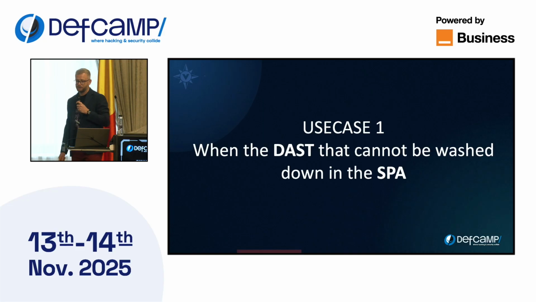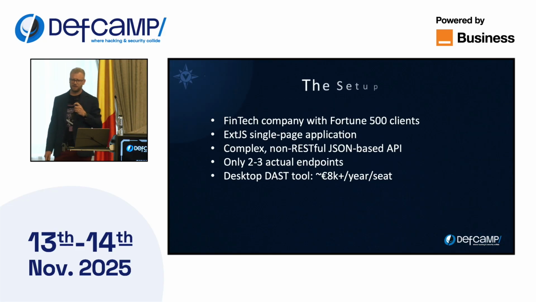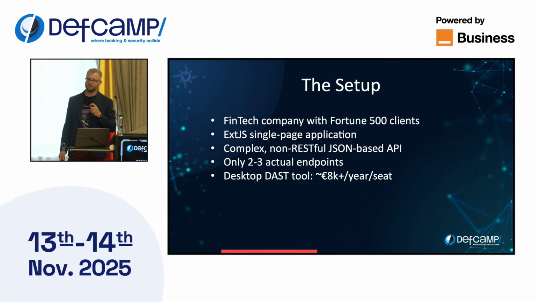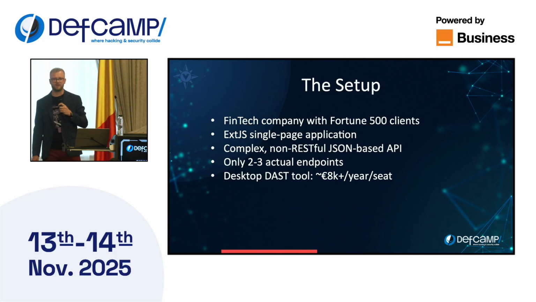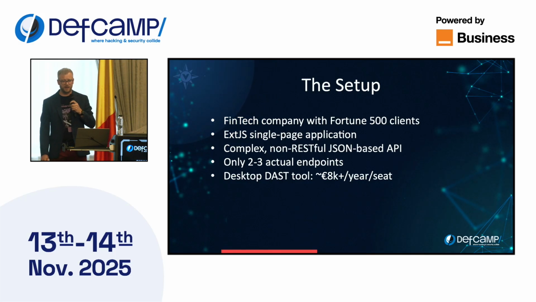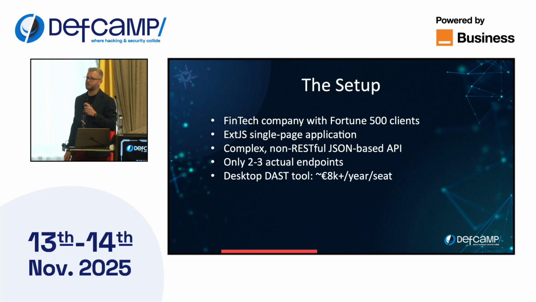All right, so talking about the first use case, right? The setup. We had a fintech company that had a lot of Fortune 50 and Fortune 500 clients. As I previously mentioned, an XJS single-page application. A fairly complex, non-RESTful JSON-based API that these different tools usually cannot really handle or comprehend.